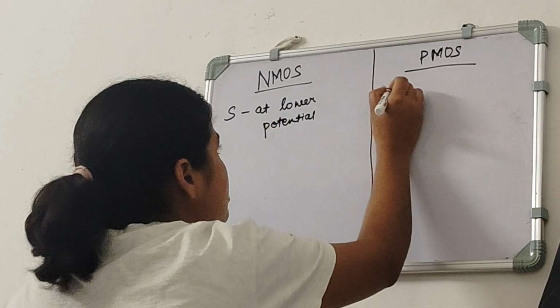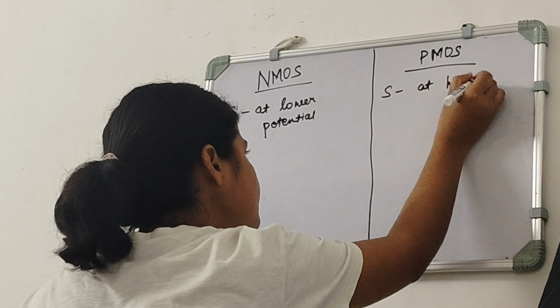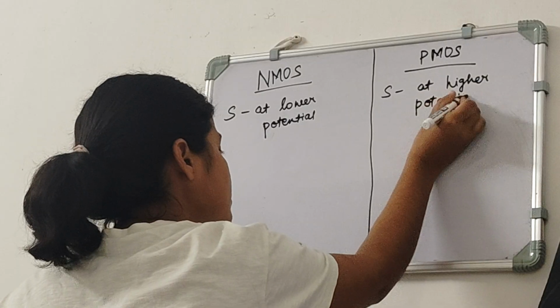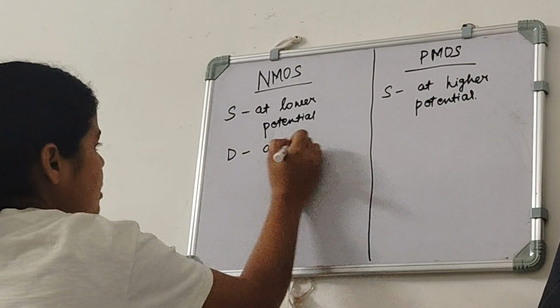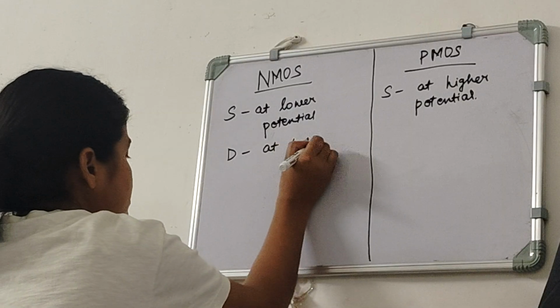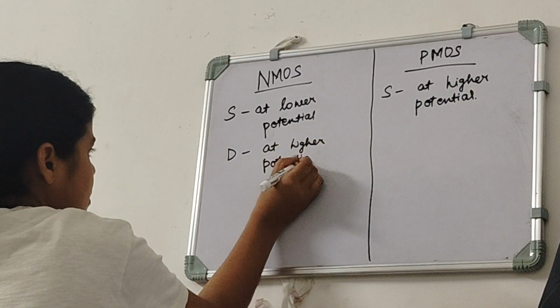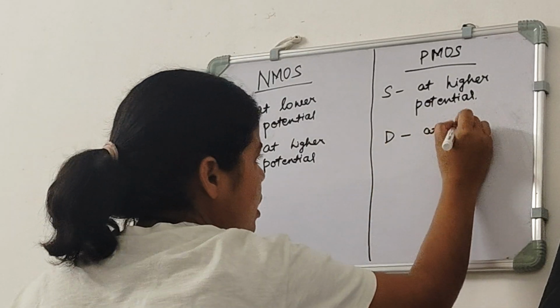In PMOS, source will be at higher potential. In NMOS, our drain will be at higher potential. And in PMOS, drain will be at lower potential.